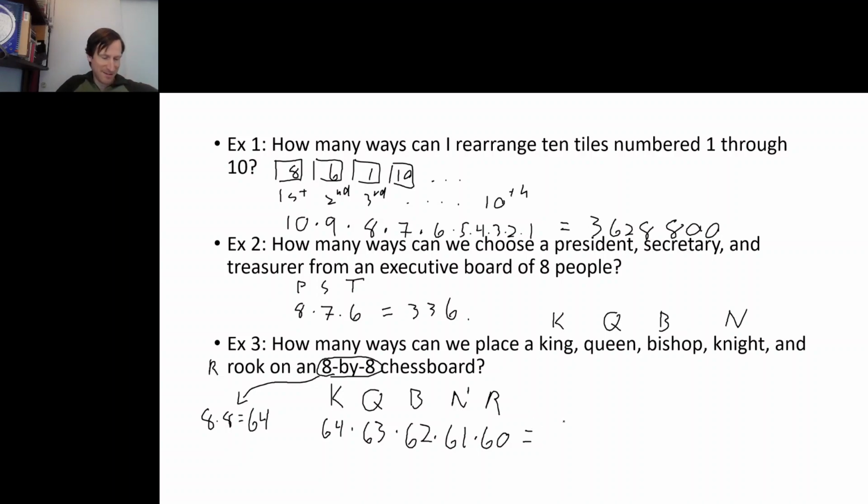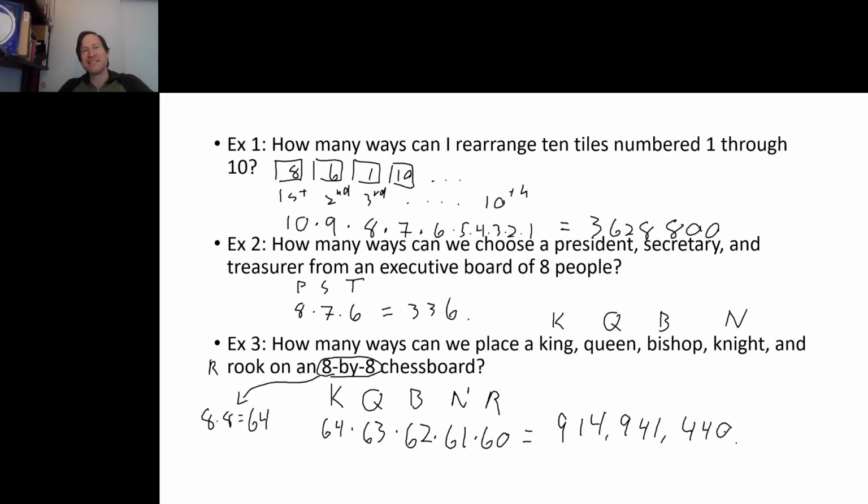So that's 914,941,440. So that's the number of possible ways of arranging these chess pieces on a board. And this is just one of each of these pieces. Of course, a full chessboard has multiple of each of these and all the pawns.